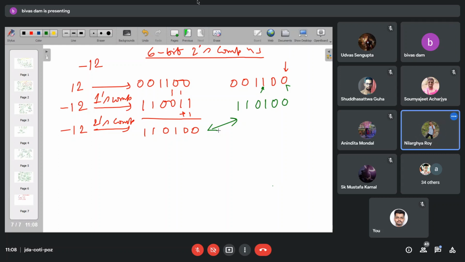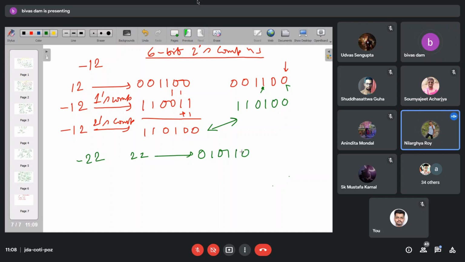Okay, sir. Let me go for another example. Minus 22, 8 bit. So let us follow the usual process first. So plus 22, its unsigned representation will be how much? 16 plus 4 plus 2.